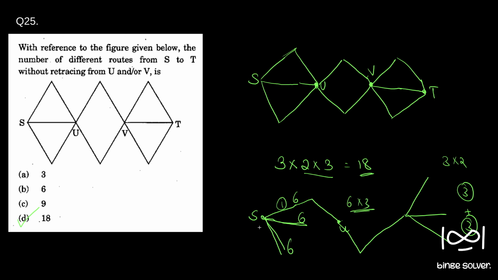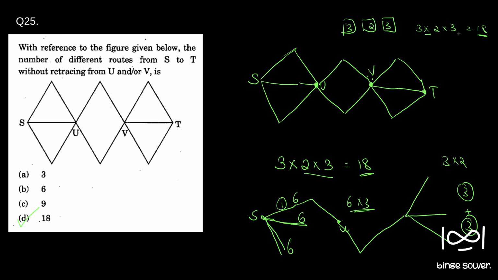Whenever we have a choice like this, it is a permutation case. First we have three choices to make from S, from U, and from V. From each choice we have choices to make. So if you want to find the total number of cases, we do 3 into 2 into 3, which is 18.